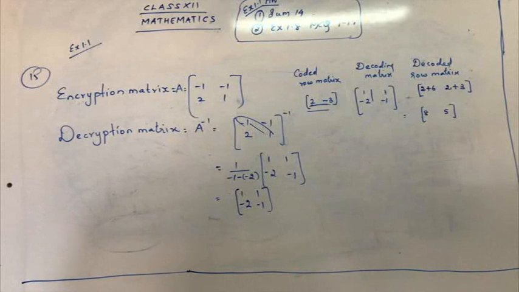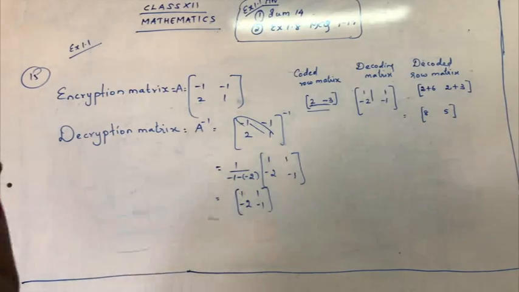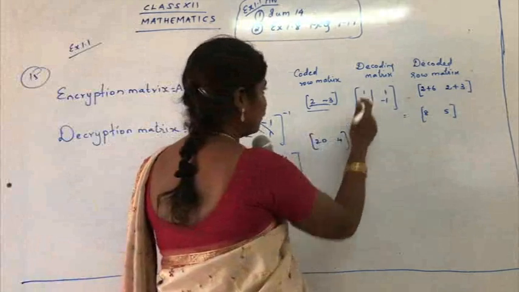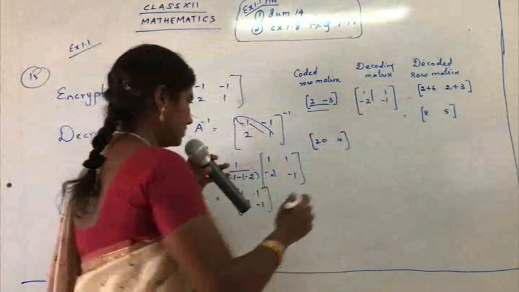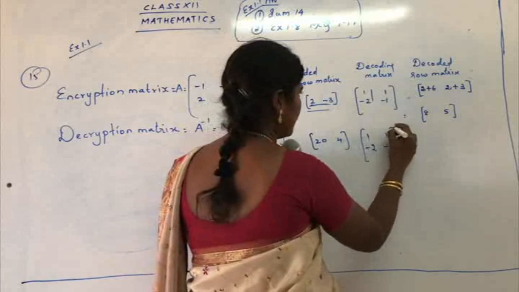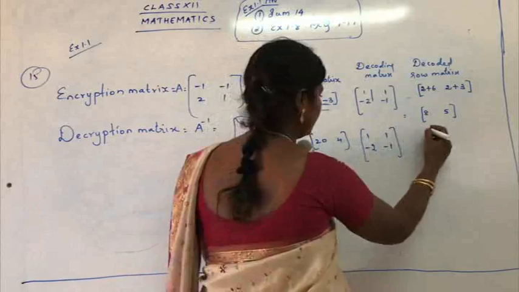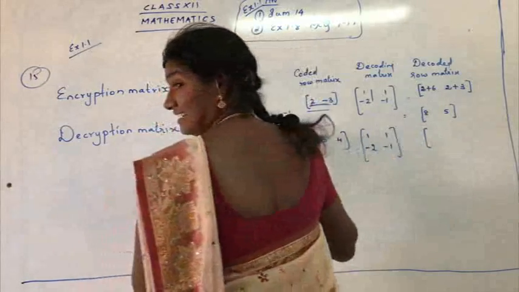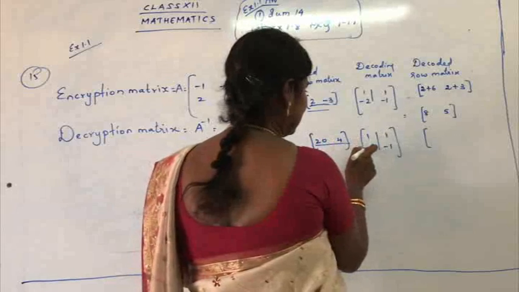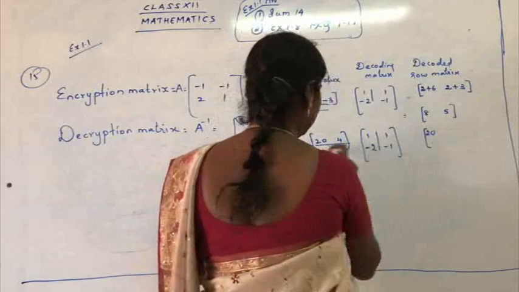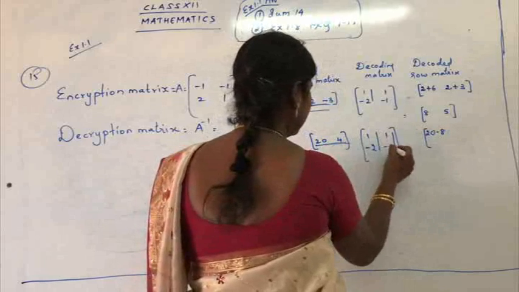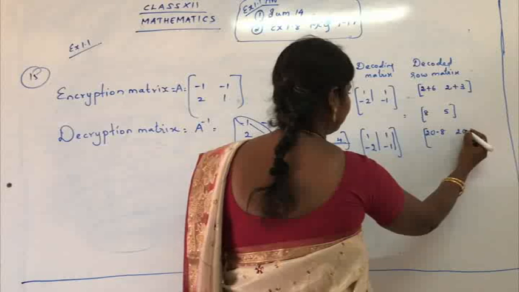Now let's go for the next one. It's 24. What's the next row matrix? 24, and you have to take the same decoding matrix, that's 1, 1, minus 2, minus 1. So this is equal to 20 minus 8 and 20 minus 4.